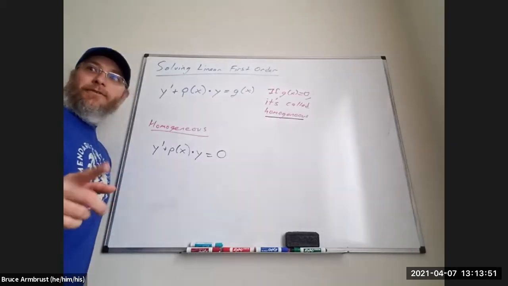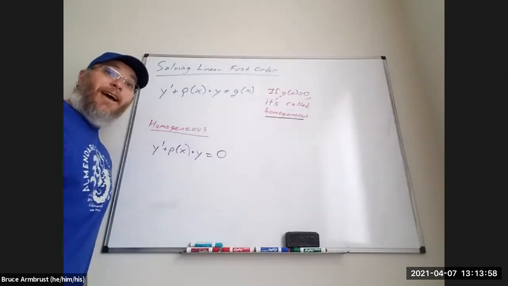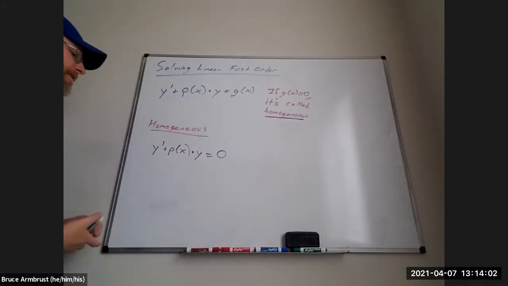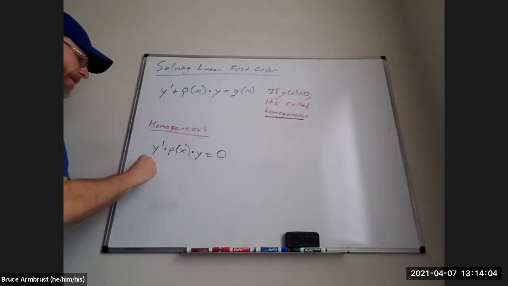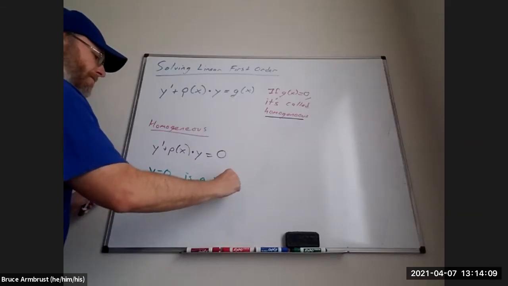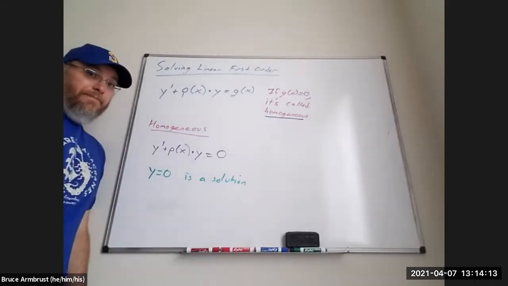And also, thank you for giving me your solution, and I see that Bijan put that in there as well. Y equals 0. Yeah, it turns out that y equals 0 is a solution. And it always will be.